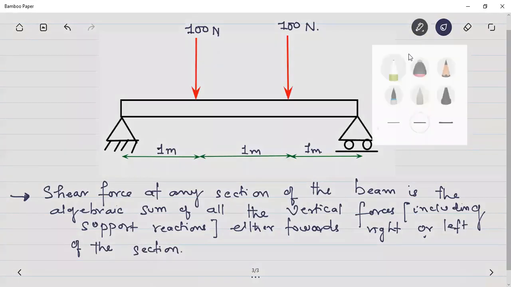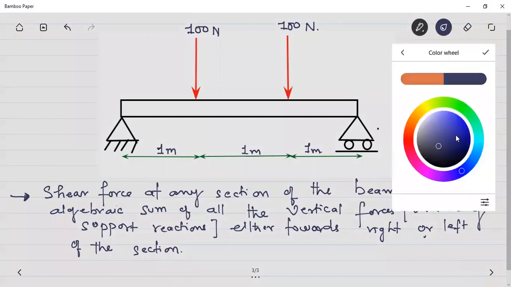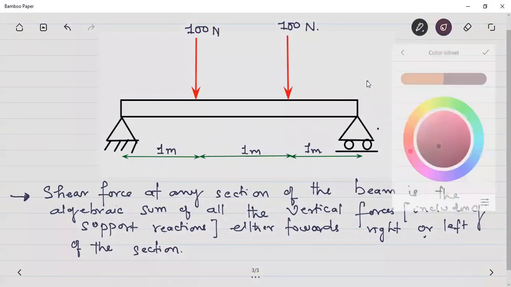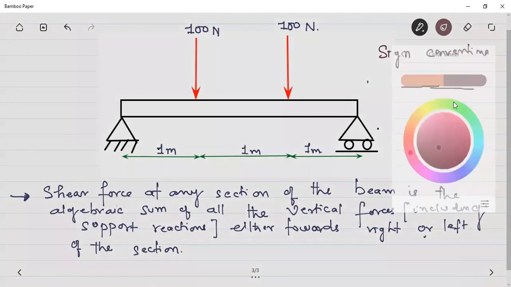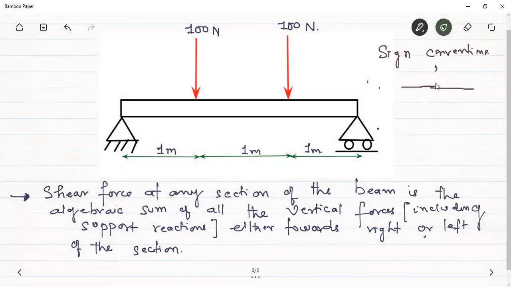And what are the sign conventions we have to see? If this is a beam, we have taken any section here. This is the section which we have taken.